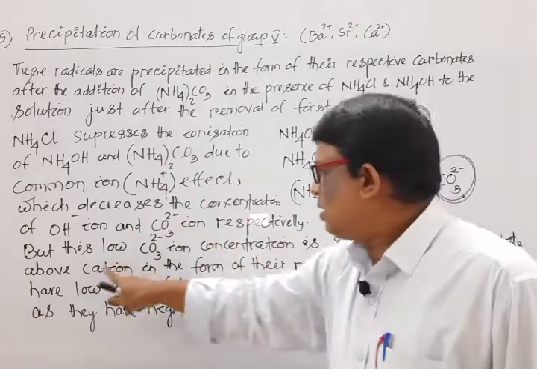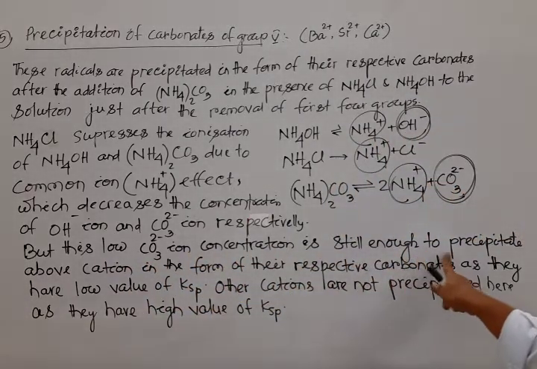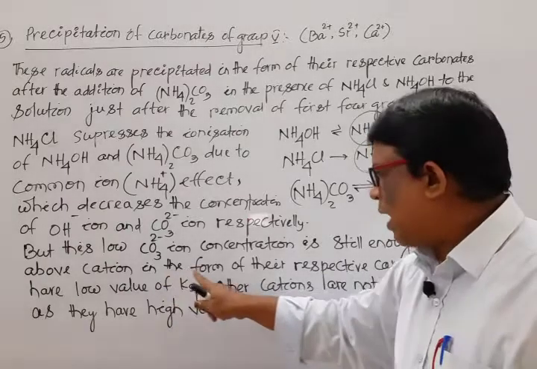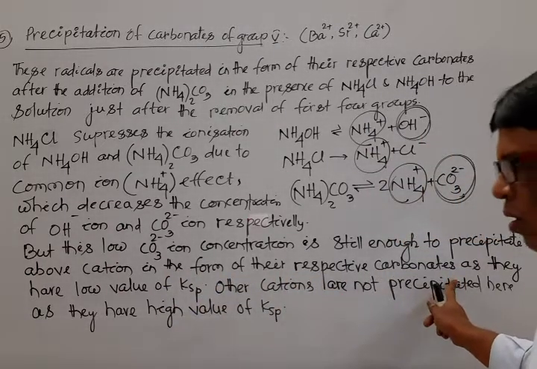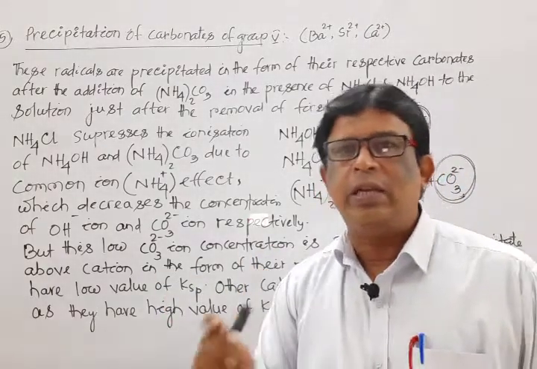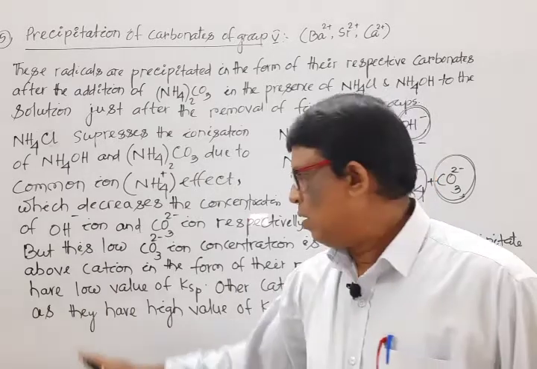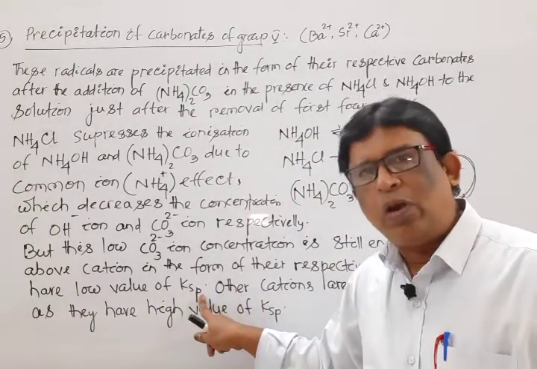But this low carbonate ion concentration is still enough to precipitate the above cations in the form of their respective carbonates, because their ionic product exceeds their solubility product. Mark that. Because they have a high value of ionic product or a low value of solubility product.